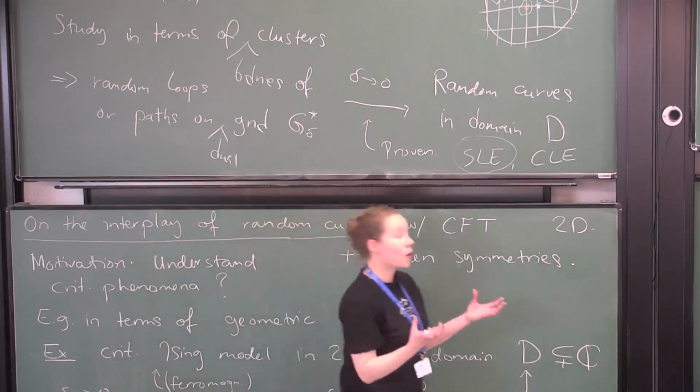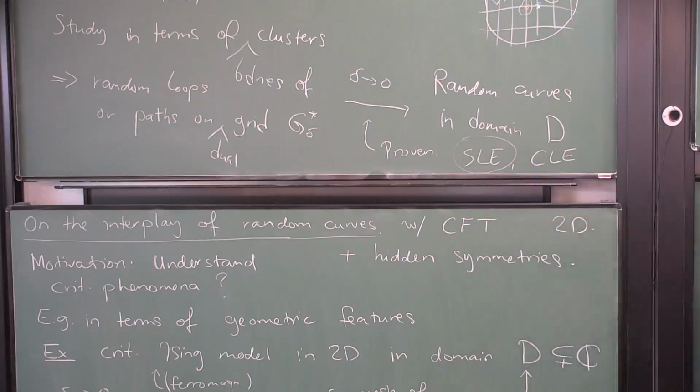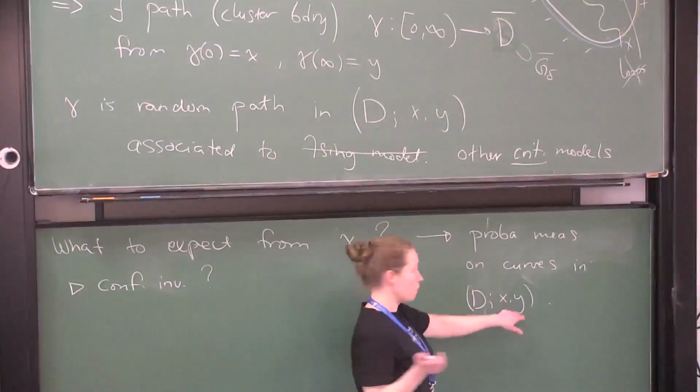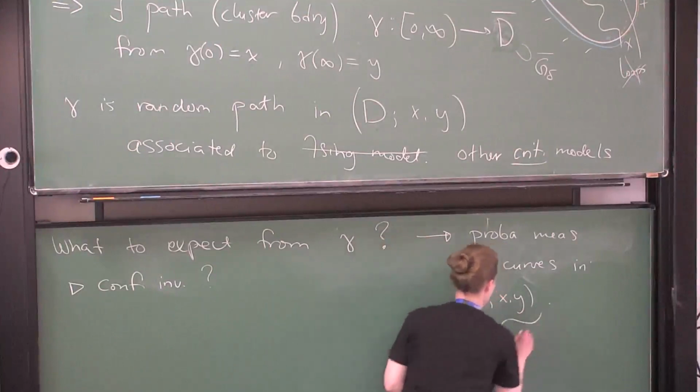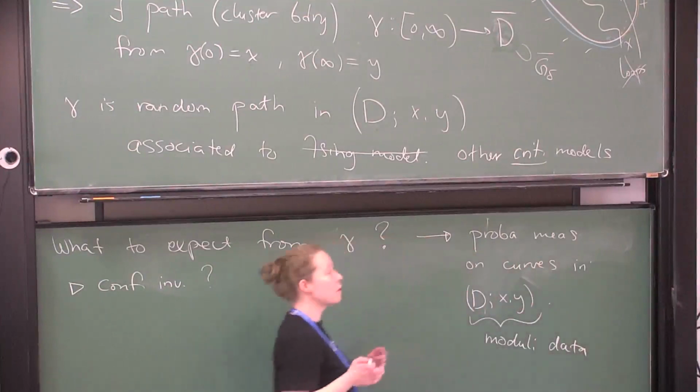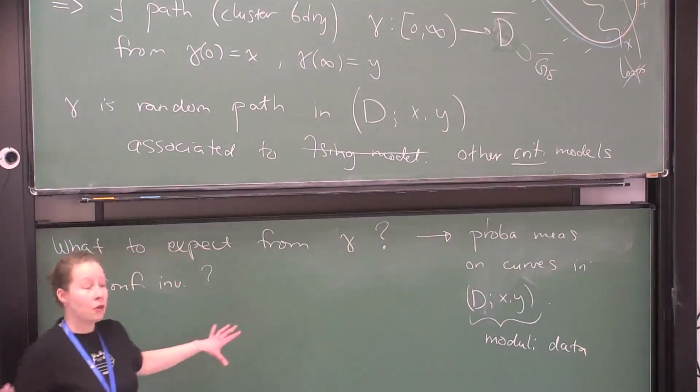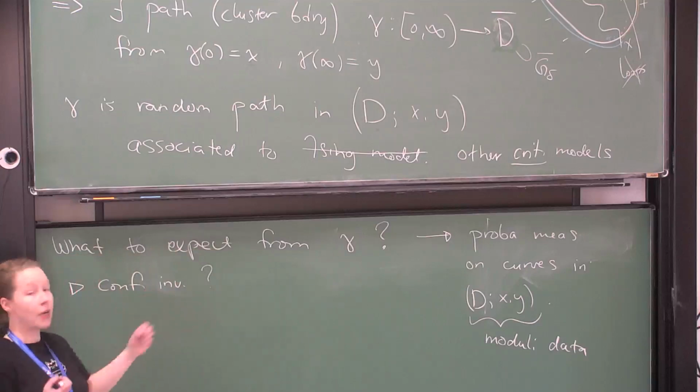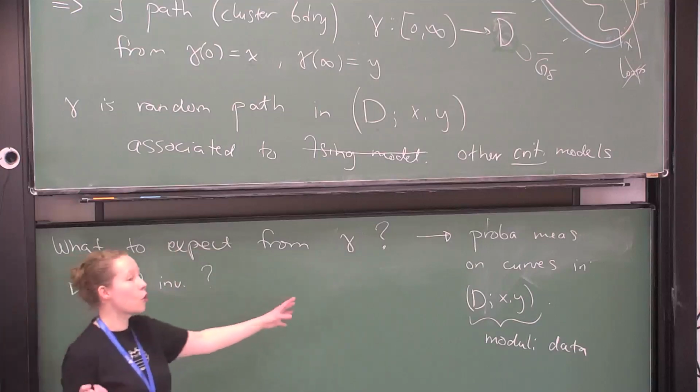So I have the moduli data, which is the domain, and maybe some points which encode the boundary condition. So I'm going to get a probability measure on curves indexed by some moduli data. Of course, you can have more points.